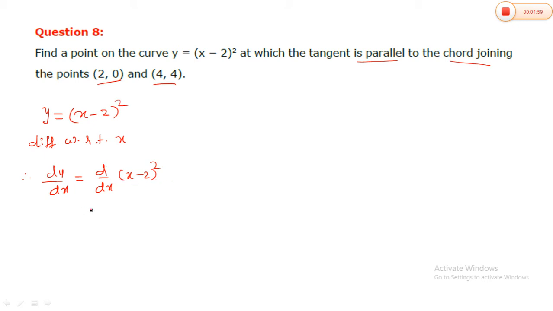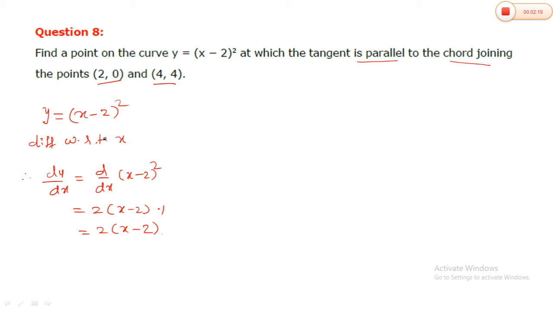Since it is a composite function, this equals 2 into (x minus 2) raised to 1, using n x raised to n minus 1. The derivative of x minus 2 is again 1. Therefore this equals 2 into (x minus 2).